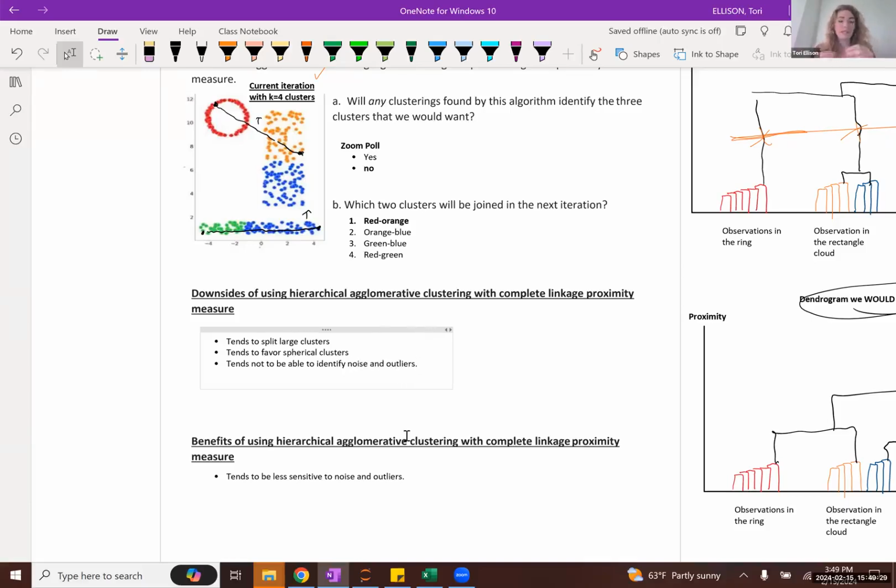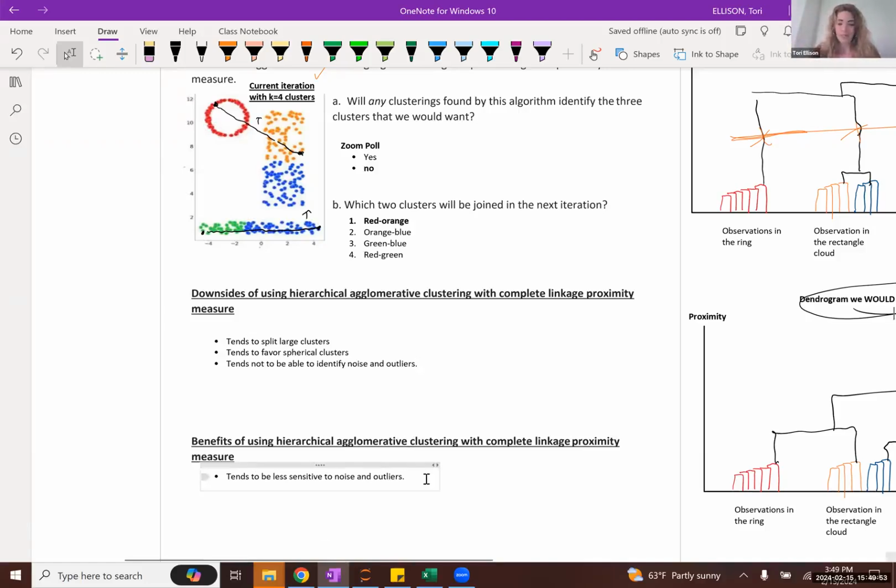Again, this is in contrast to single linkage, in which, if you have a data set with noise and outliers, the single linkage dendrogram will basically one at a time pick off these outliers, thereby helping you to identify them. But the downside is, it does so at the expense of identifying larger main clusters, if you will. So we'll see that in our example.